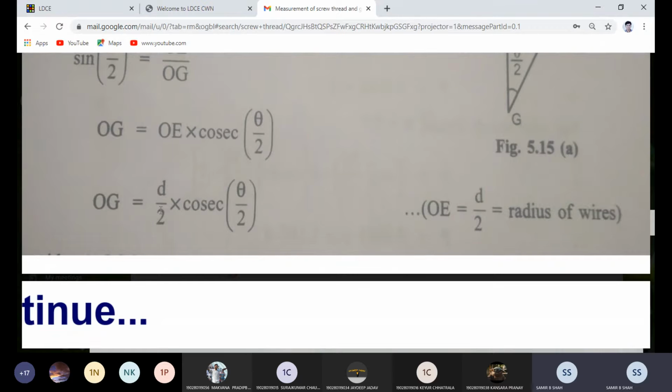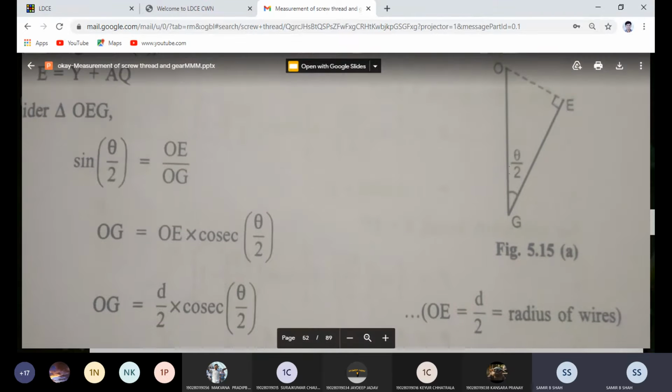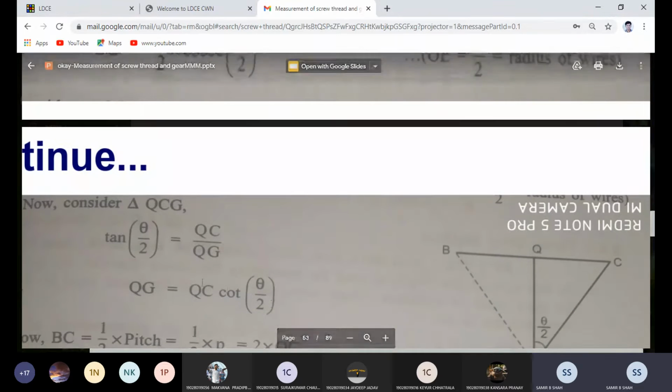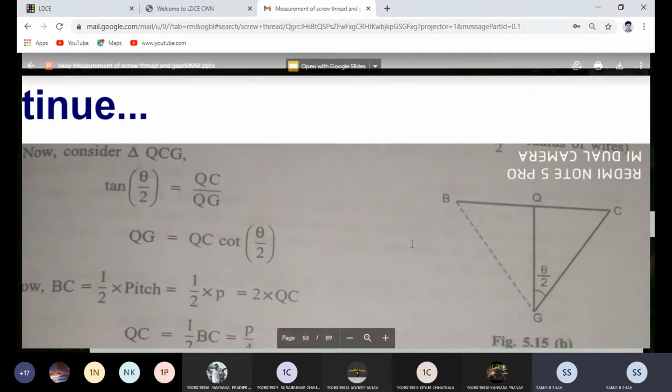Right? Now, this is about OG. I can use this equation because I want OG. Now, I can once again use tan theta by 2 for triangle QCG.